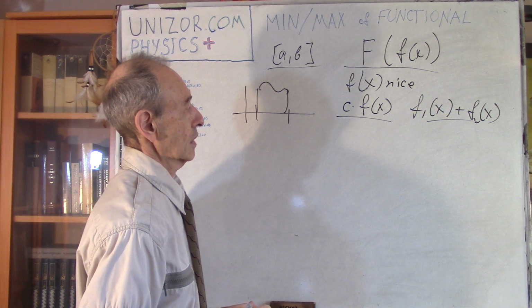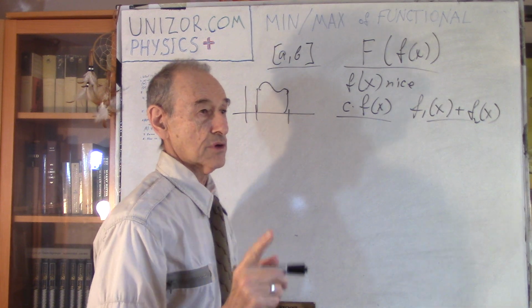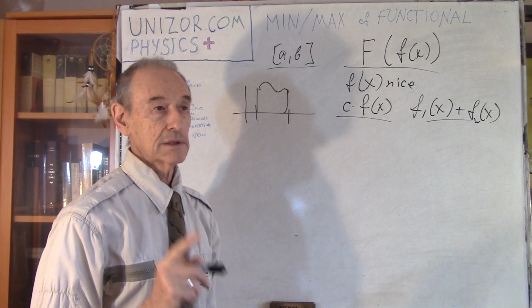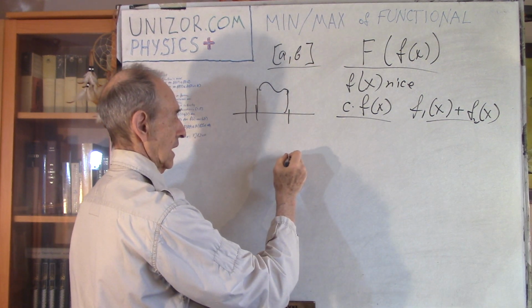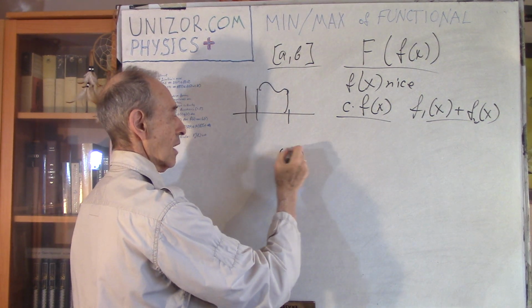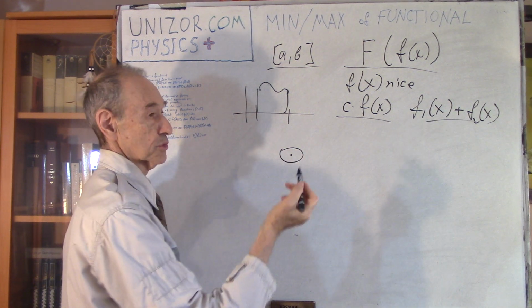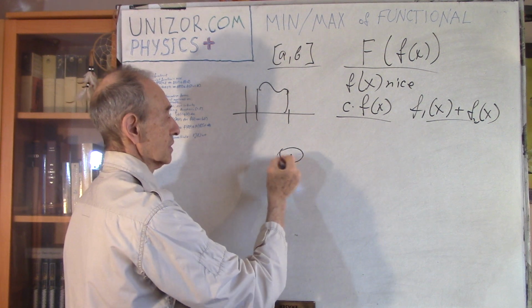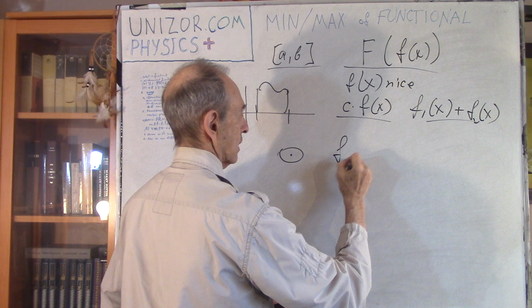And that's not all, because if you remember, to define a local minimum, we have to define it as a point, but make sure that around this point the value of the functional would be greater. Now, what is around? What is a small neighborhood of function f0?